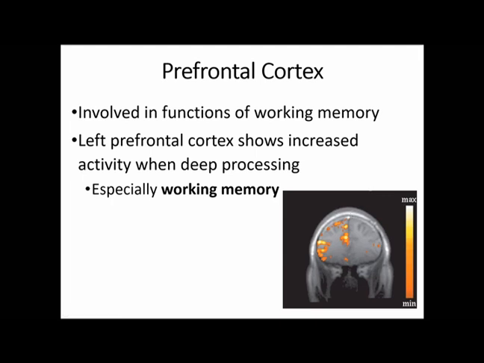So when we're thinking really hard with our working memory, we see it light up on the left side, but not so much on the right. And again, we're not quite sure why that happens, but there does seem to be some kind of lateralization there, where the left side of our prefrontal cortex is involved in our working memory, and the right side is not active to the same extent. But again, we're ending on what we think might be happening based on what we've learned.